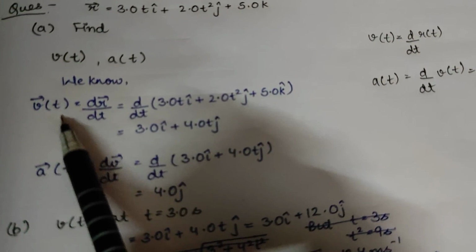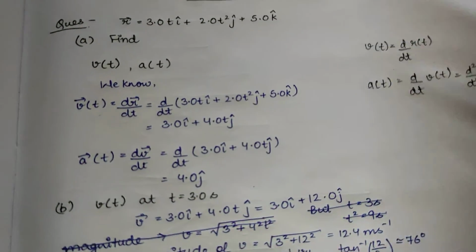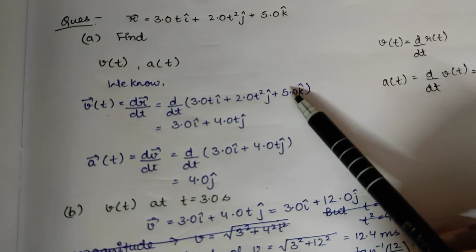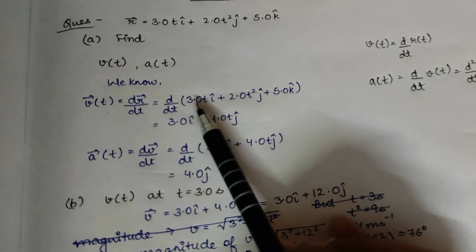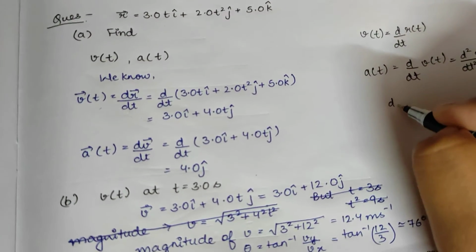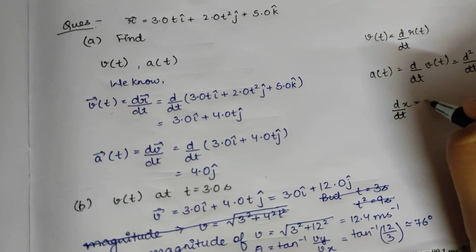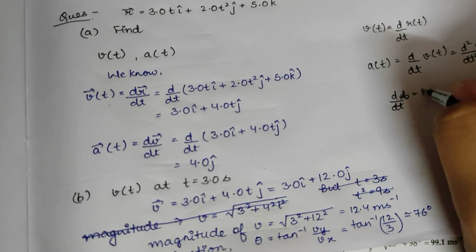So first we will find v(t), which is dr by dt. Now we are finding the derivative with respect to t, so whatever components do not have t with them will give you 0. Fine. So we have only one t here, and we know d of t by dt will give you 1.